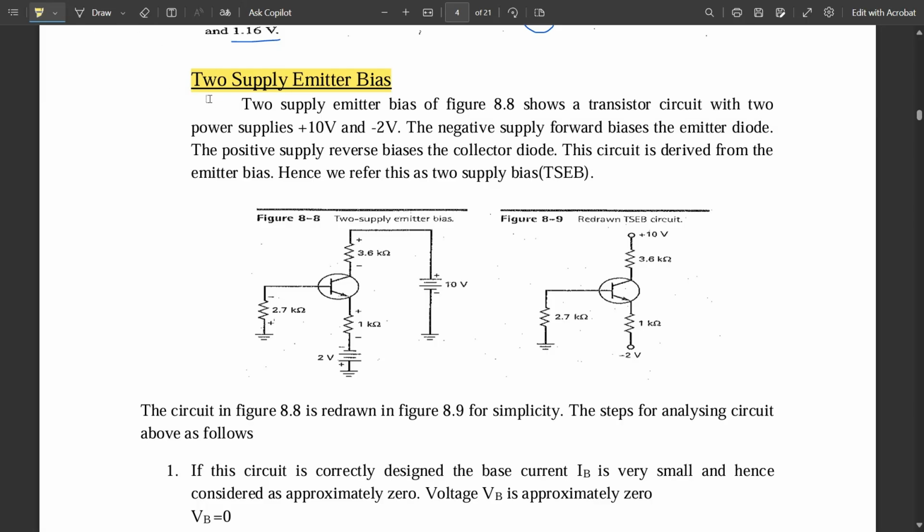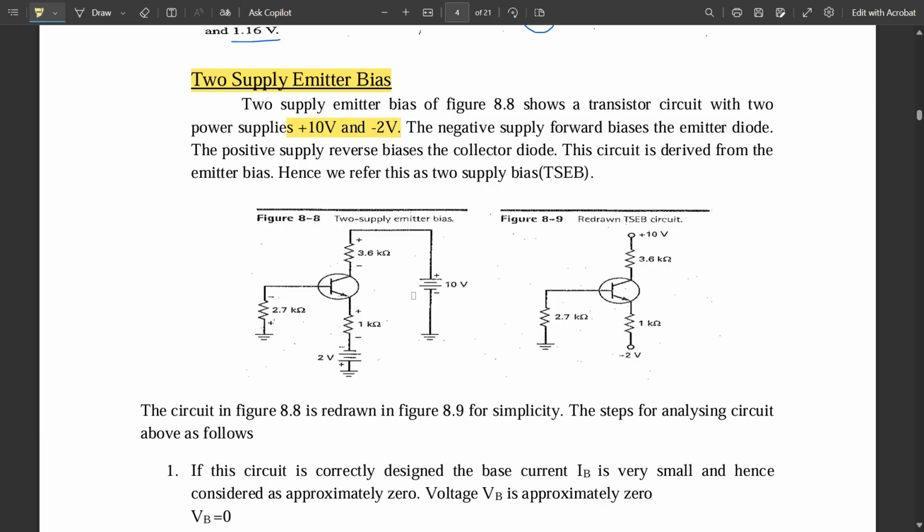Let us see what you mean by this two supply emitter bias. Figures 8.8 and 8.9 are the two figures showing the two supply emitter bias circuit, a transistor circuit with two power supplies. The two power supplies in this case are plus 10 volt and minus 2 volt.